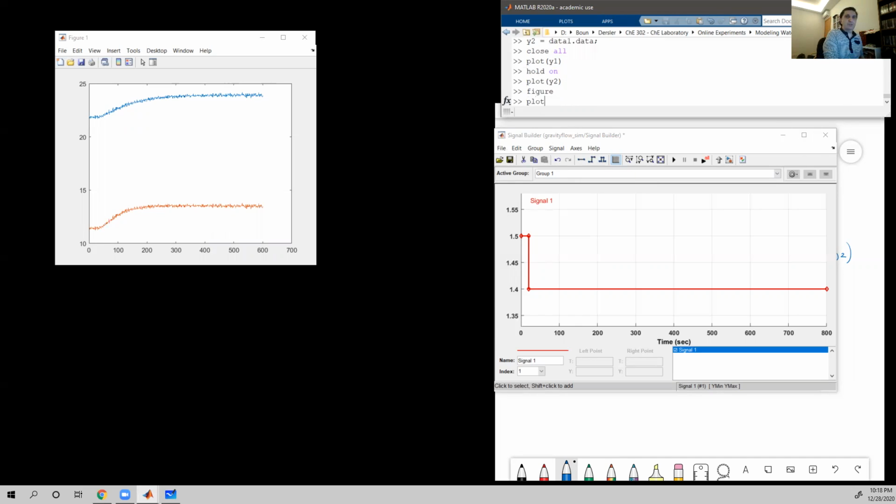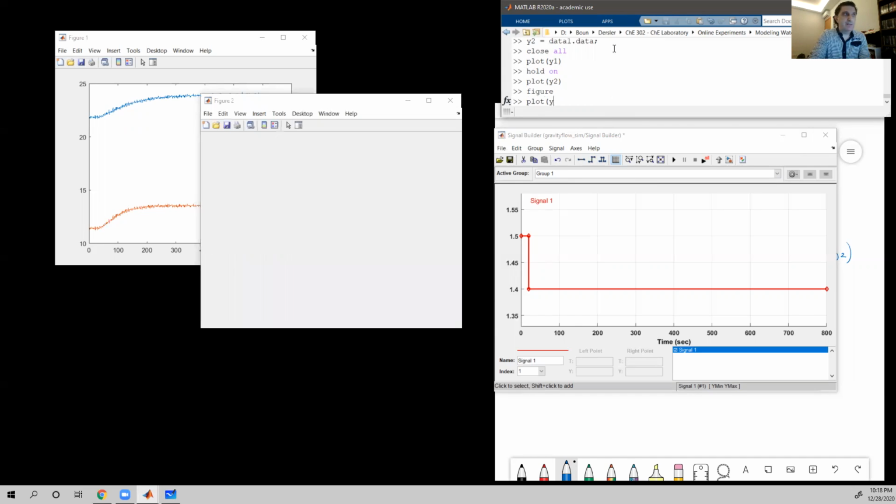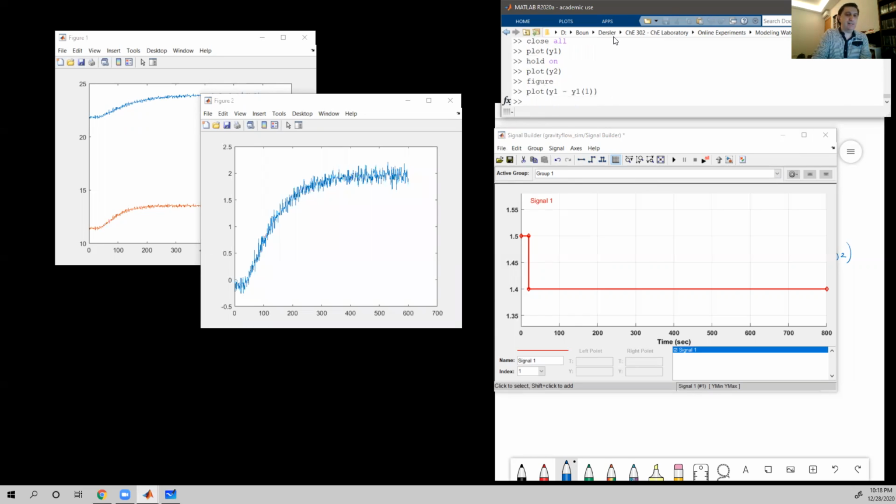I plot both of them, subtracting the first value, because the first value is actually supposed to be the initial, previous operating point. So what I do is subtract the previous operating point from both responses.